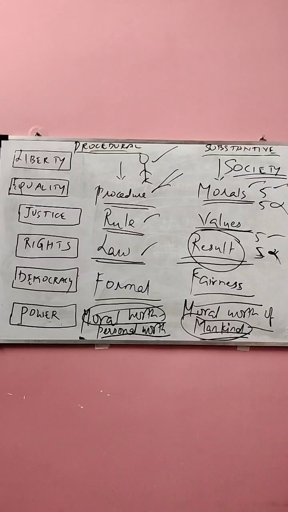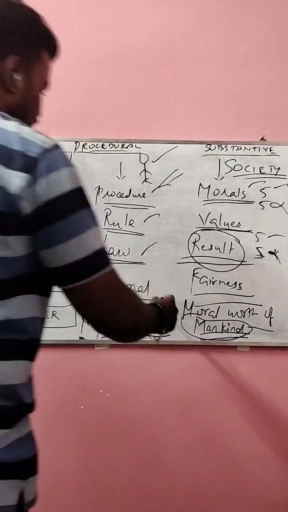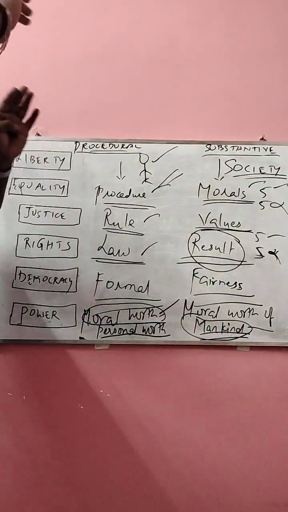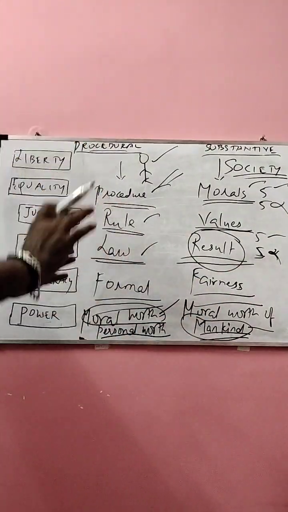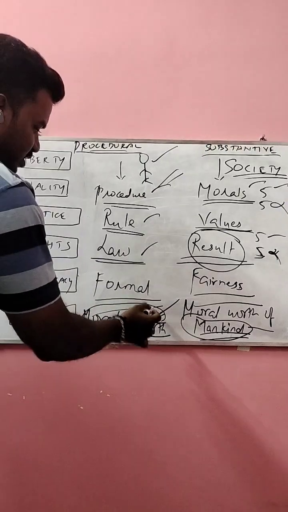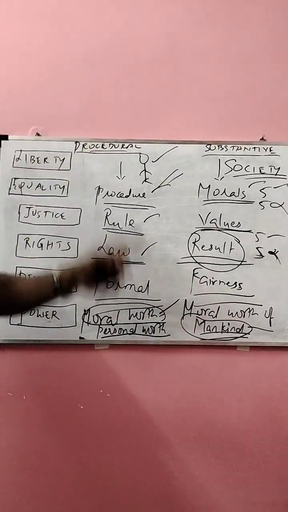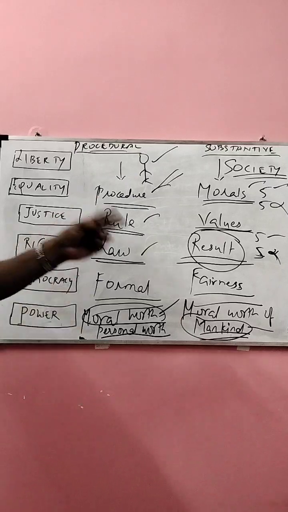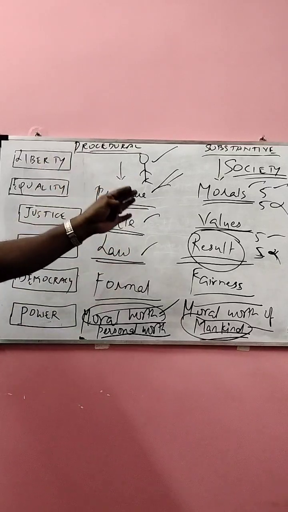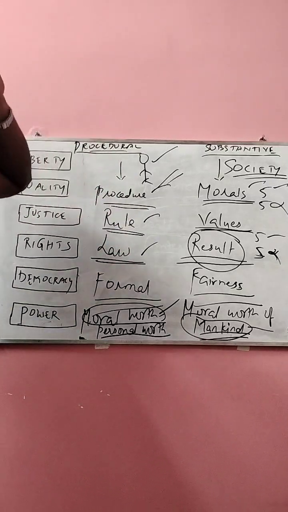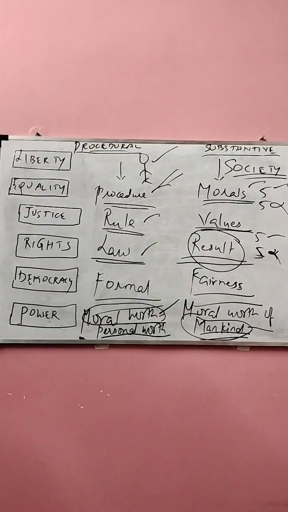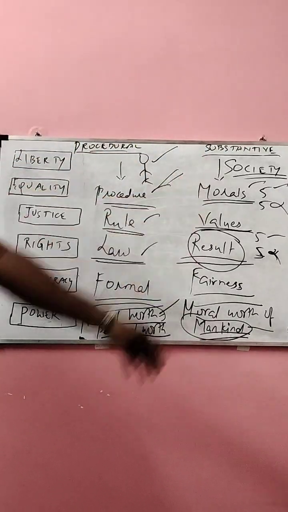Here the individual is taken into account. Moral worth is accepted. All IAS aspirants, all NEET aspirants are accepted as equal human beings, but the worth is taken into account based on the talent, skill, ability, intelligence, and the examination will be accepted as a just examination. The result will not be taken into account.